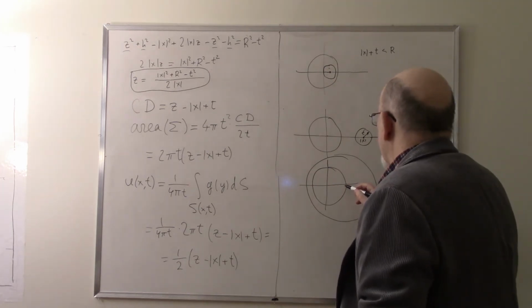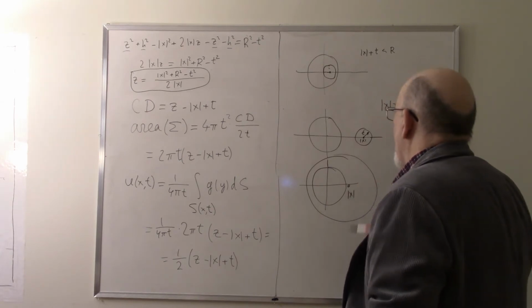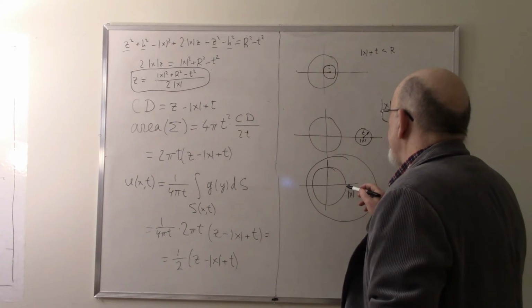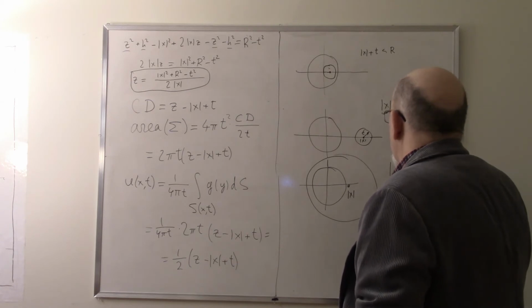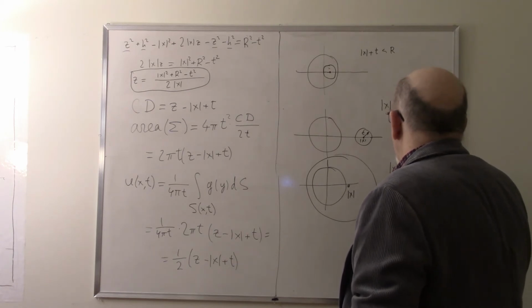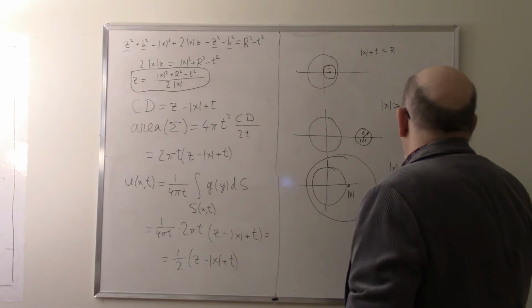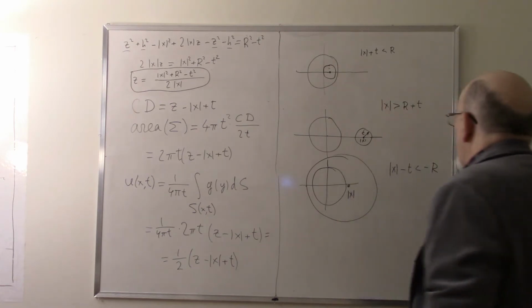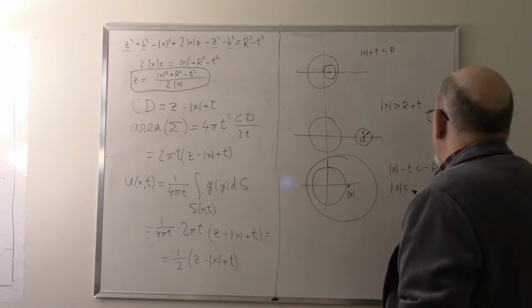So it is module x here, and it satisfies the following: module x minus t, I mean this point, less than minus r, or module x less than t minus r.